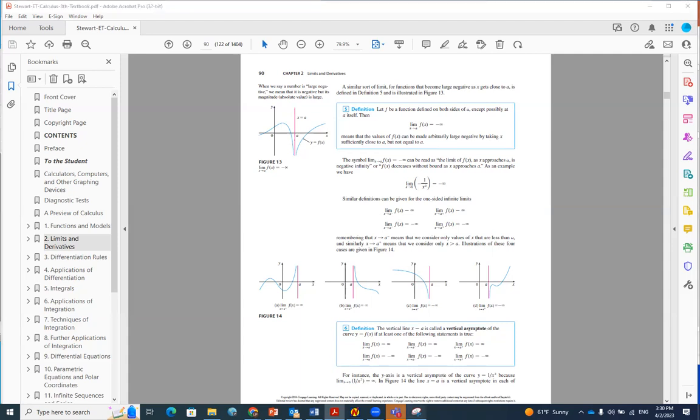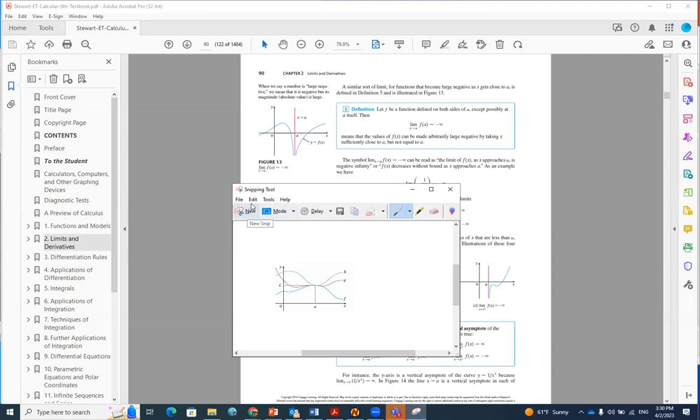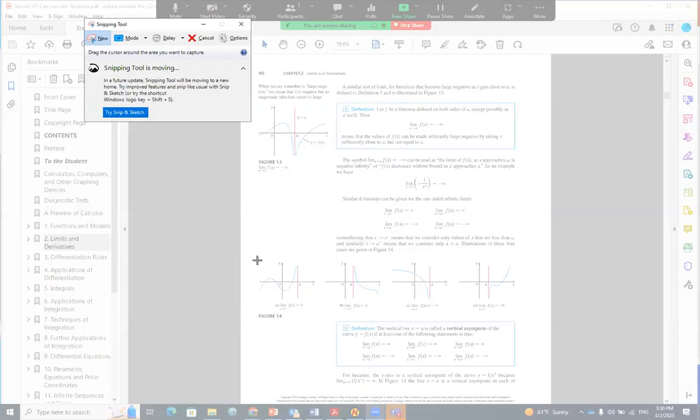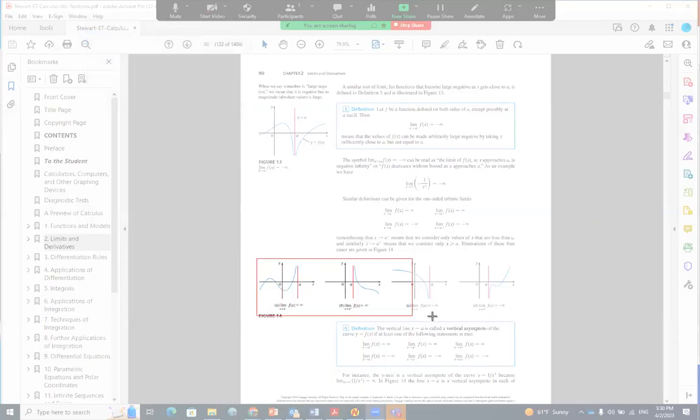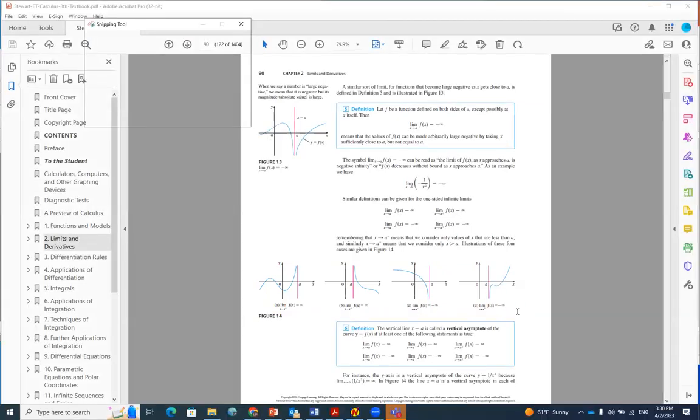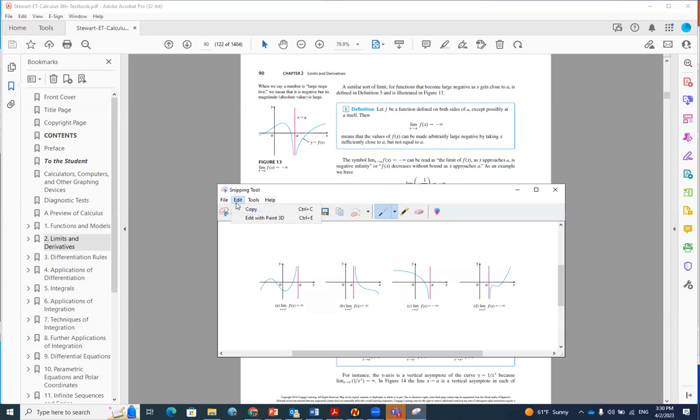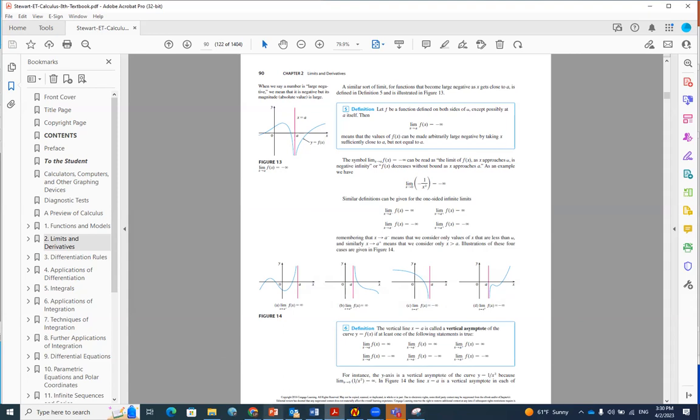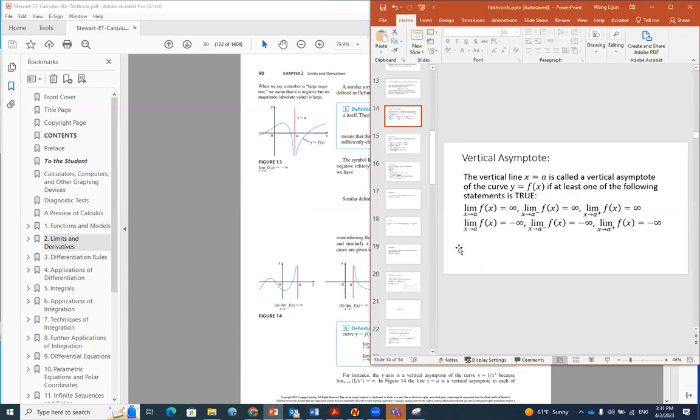Let me copy and paste these pictures and put them on your flashcard. I'll send you another flashcard. I'm going to do some shuffling for the flashcards before I send it to you. So vertical asymptotes, I put it here.